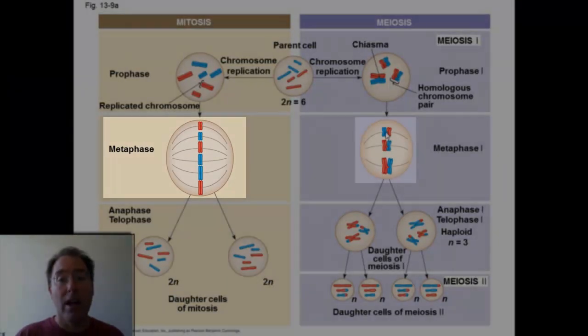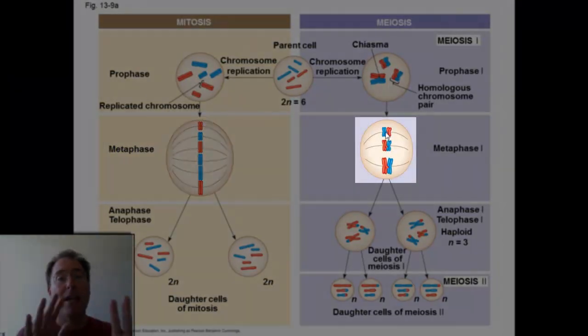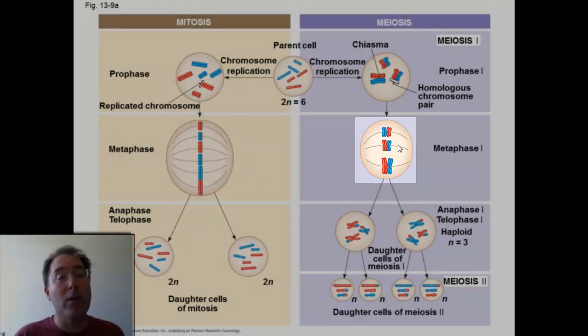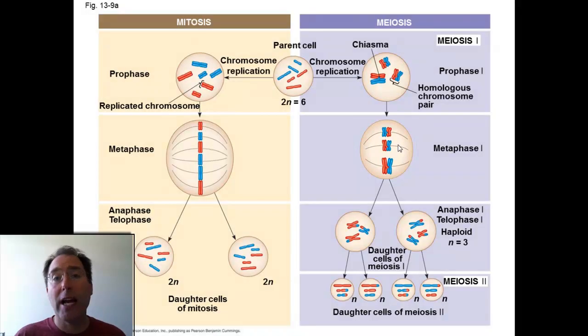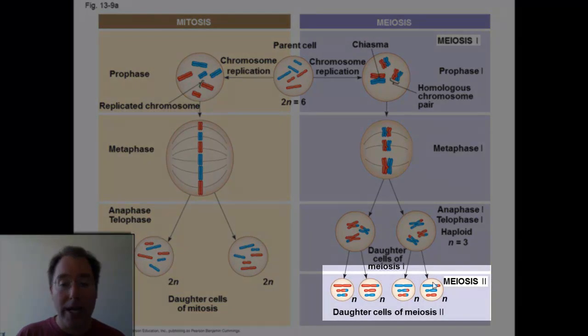That's a difference. Additionally, they're lining up at different sides. You can see here that the red chromosome is lined up on the left here, but very easily this red chromosome in the middle could have been lined up on the right. It's just all due to chance, and that's going to lead to variability way down here in the daughter cells of meiosis.